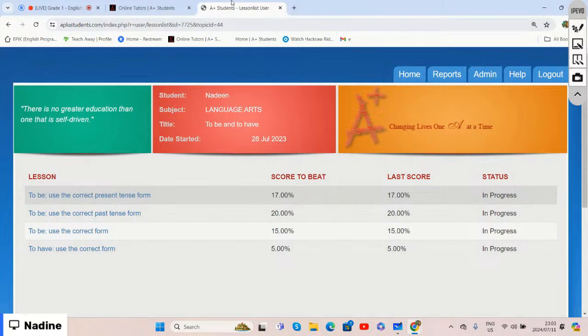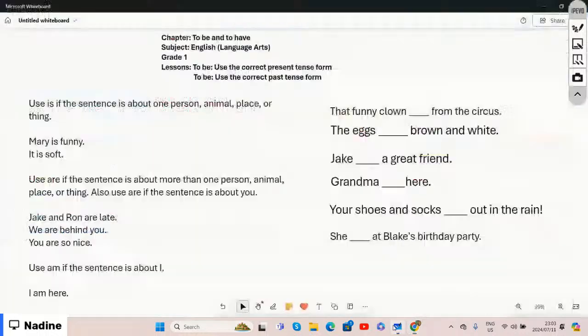All right. So our chapter is to be and to have. Our subject is English Language Arts, grade 1.